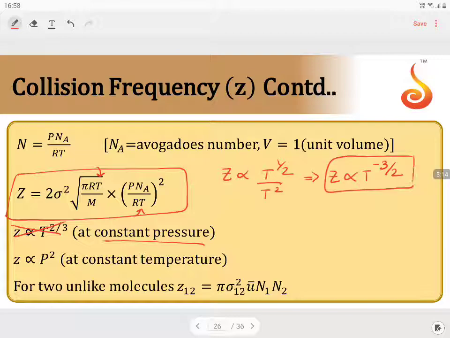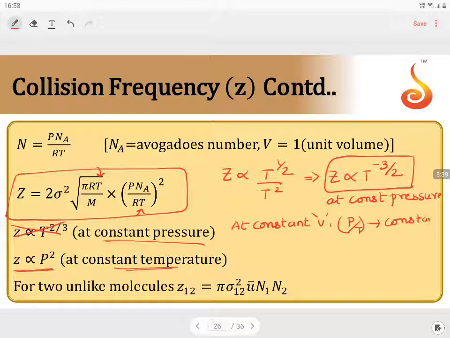So at constant pressure, Z is proportional to T power minus 3 by 2. At constant temperature, Z is proportional to P square. At constant volume, we can apply Gay-Lussac's law, so P by T also remains constant.